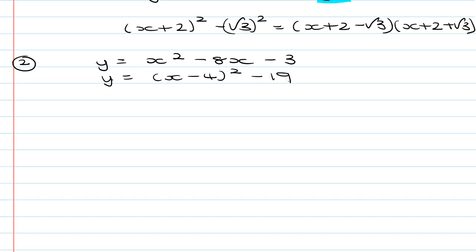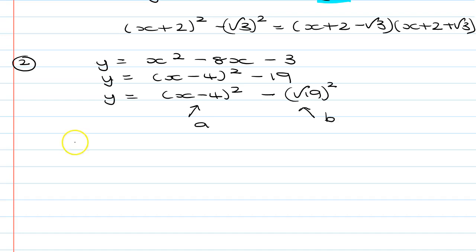Now, let's write this so that we've got a and b. So I'm going to write y equals, this is my a term, x minus 4 all squared, and then my b will be square root of 19 all squared because that's just 19. So what I've got here is my a and my b. If I write that in terms of the difference of two squares, I've got a squared minus b squared becomes a minus b times a plus b.